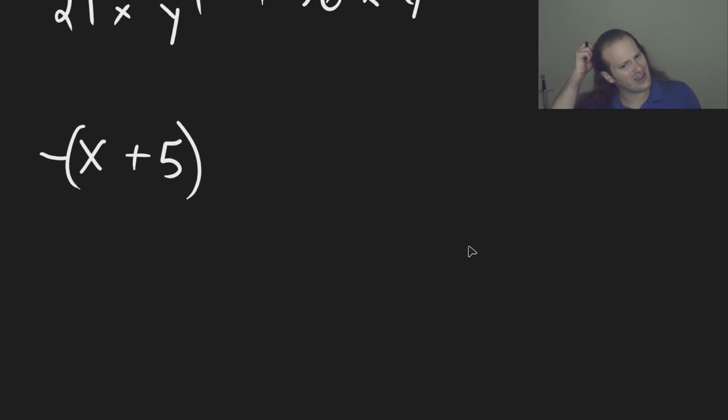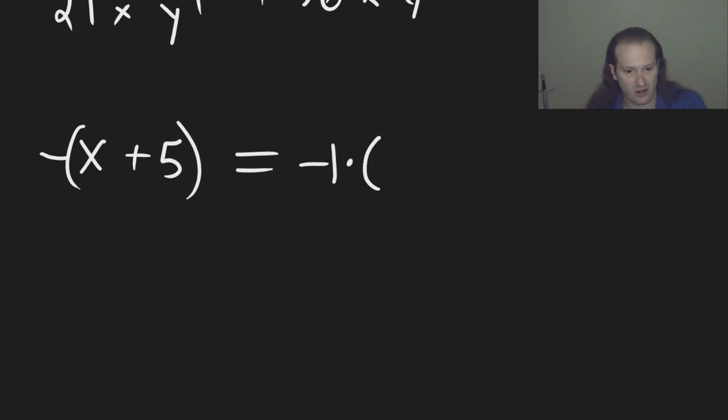Well, a negative on the outside of that is assumed to be the same thing as being multiplied by -1. A negative on the outside is the same thing as a coefficient, if you will, of -1.